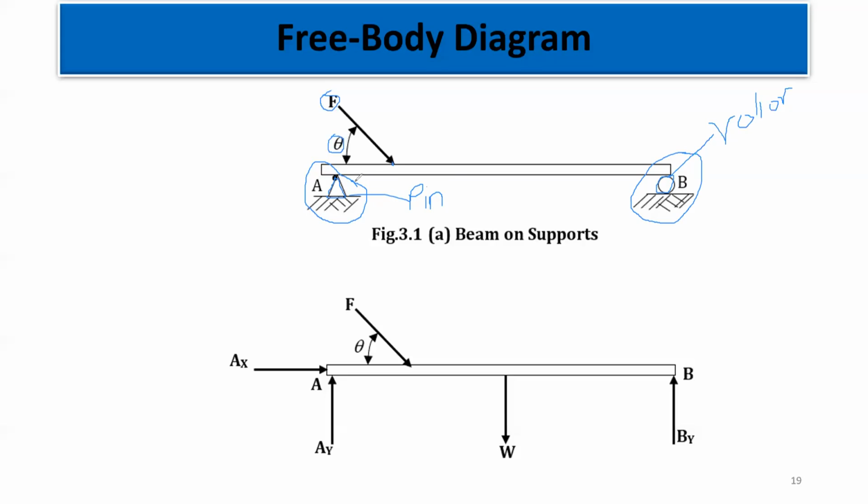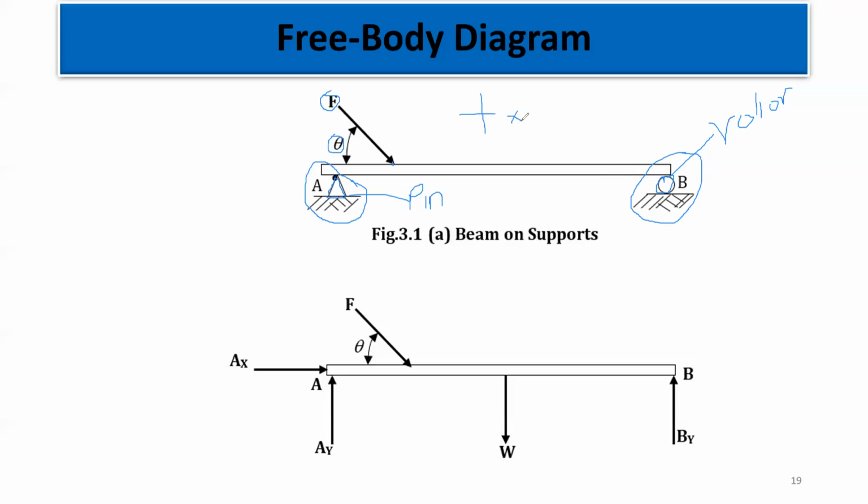Mind you, we said that whenever bodies are in contact with each other, there are supposed to be reaction forces. At point A, the beam is in contact with the knife edge shape, and at point B it is in contact with this circular shape. So at those two points A and B, there should be reactions. For a pin support, we have two reactions.